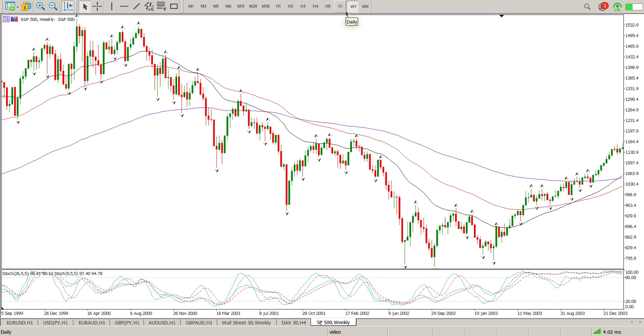Now, the strategy works on any time frame. I do find the 30-minute to the hour and above is a little bit more robust. The 8-hour works pretty well as well, but I want to use the weekly just to highlight, because there are very clear levels on the weekly.